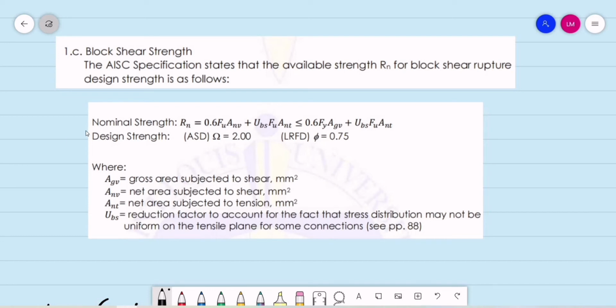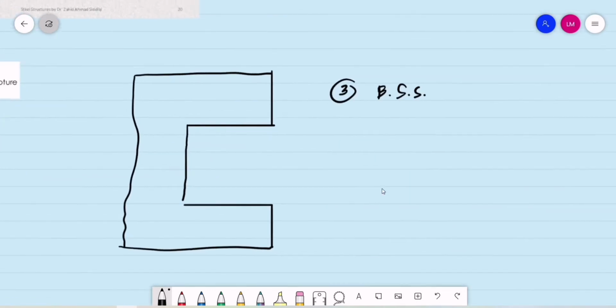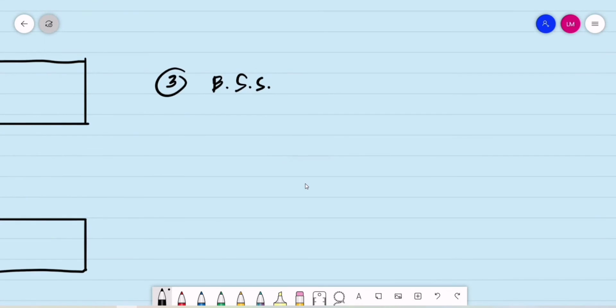For the design strength, for ASD, the same with TRS, the factor of safety is 2.0, and phi is equal to 0.75 for LRFD. But again, if we do the analysis of block shear, our consideration should be that the failure will occur in our main plate.